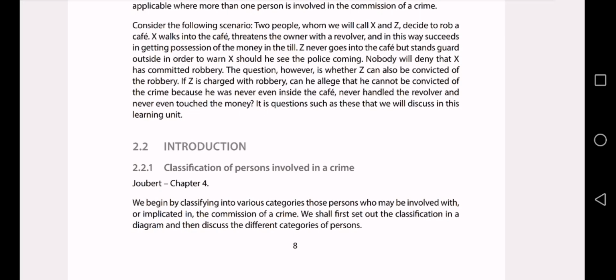If Z is charged with robbery, can he allege that he cannot be convicted of a crime because he was never even inside the cafe, never held the revolver, and never even touched the money? It is questions such as these that we will discuss in this learning unit.